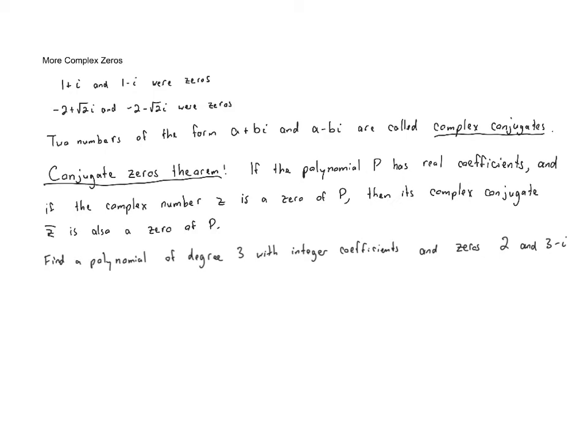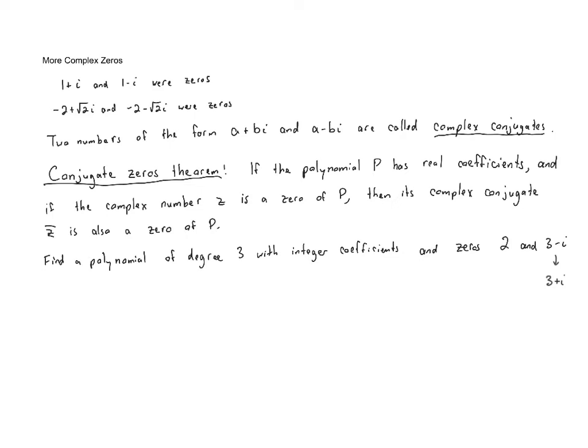Because we have integer coefficients, that means that we have real coefficients because all integers are real numbers. And so since 3 minus i is a zero, that tells us that its conjugate, 3 plus i, is also going to be a zero of the polynomial.